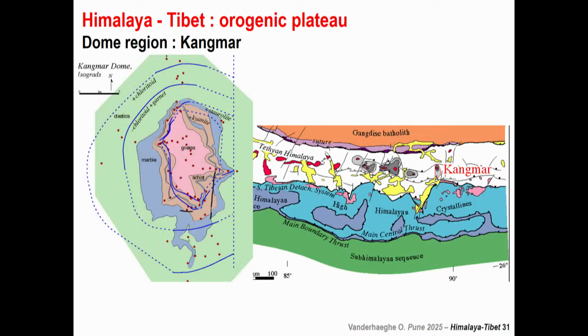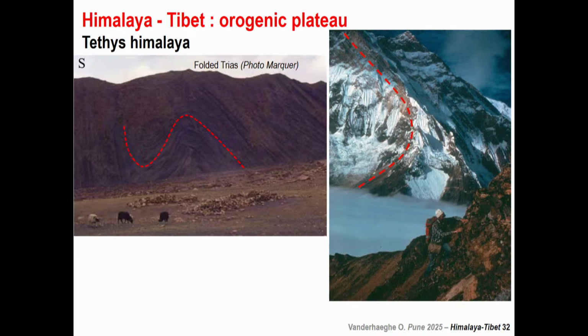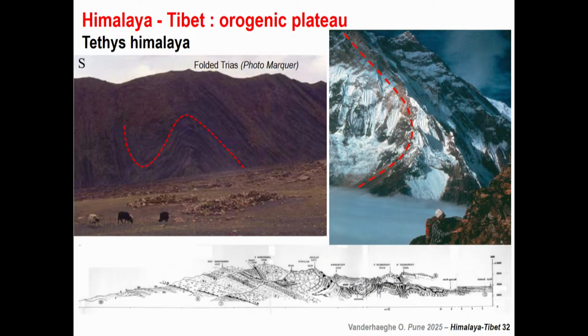And on top of the dome, there are these Tethyan sediments, Tethys Himalaya, with folded Triassic. The bedding. Here, well, that's typical Himalayan geology, with recumbent folds. And that's reproduced in that section here. That big fold here is this one.